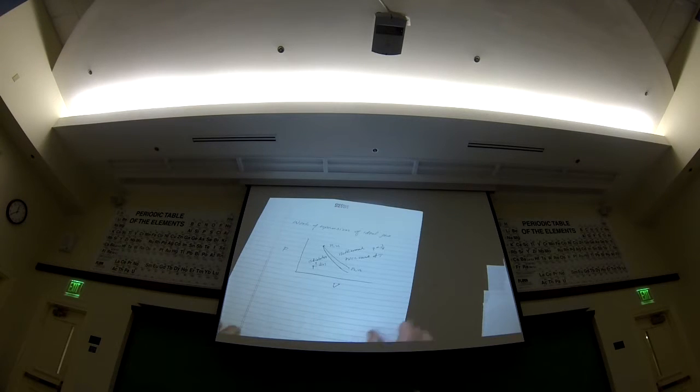So we know why it falls off from a mechanical point of view. We come down and say, here's V1, here's V2, here's P1, then this P2 is higher than this P3, right?